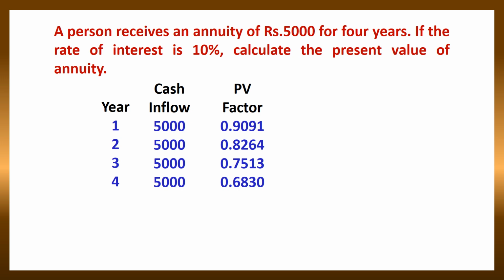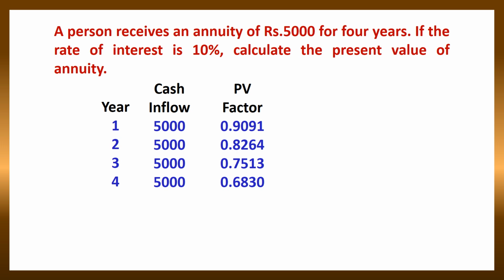That means 75 paise. And at the end of fourth year, the same 1 rupee will have the value of only 0.6830. This is when the diminishing rate is 10 percentage. Like that, if we go, the value of that 1 rupee is diminishing year after year.